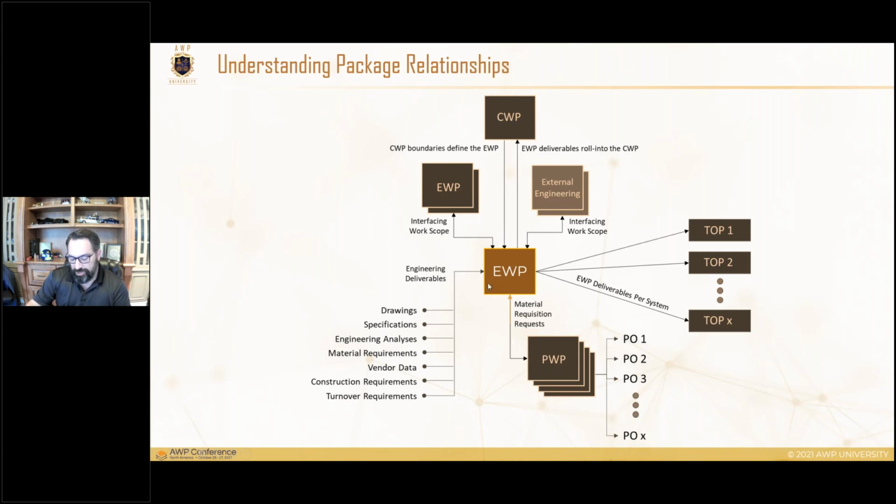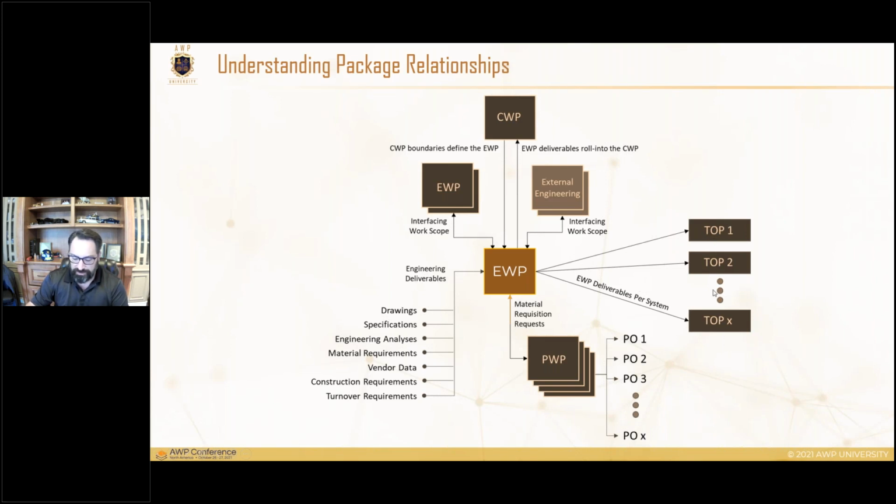And from the engineering deliverable point of view, within that grouping of data, we're talking about drawings, specifications, engineering analysis, material requisitions, vendor data, as we talked about from external engineering, and construction requirements and turnover requirements within that EWP. Okay, from that EWP, there's also a straight line tied to the turnover packages, what the turnover grouping is tied to that EWP.